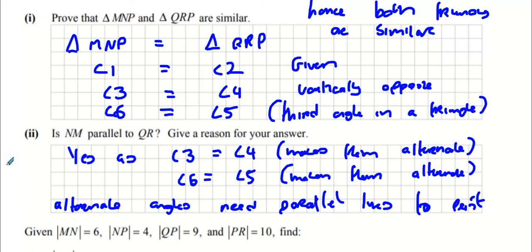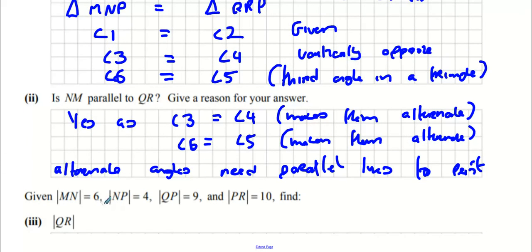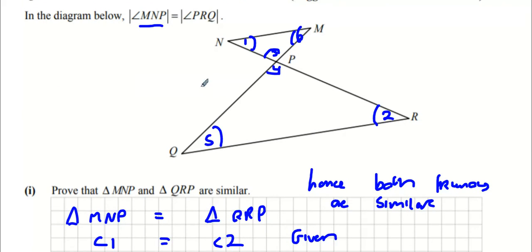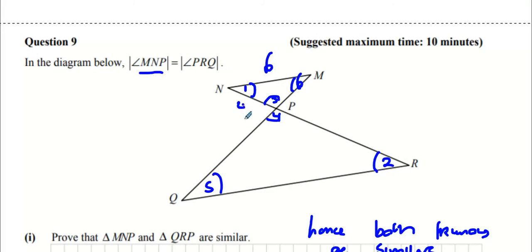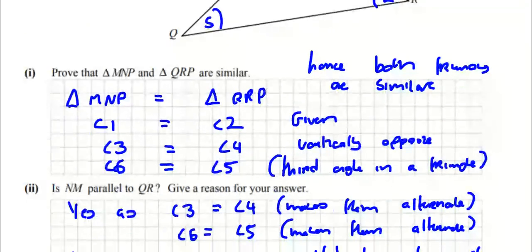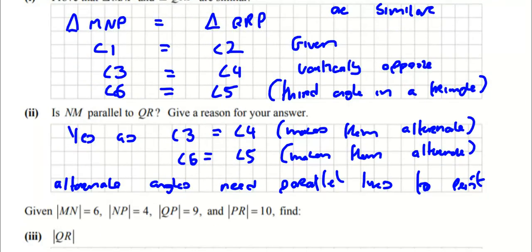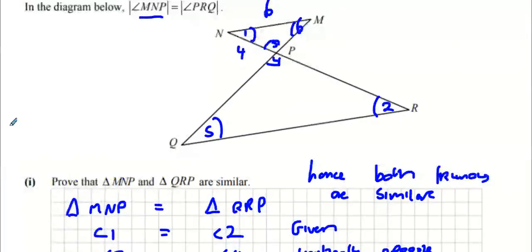Okay, given MN equals 6, MP equals 4, so M to N is 6, N to P is 4. What else do we have? Q to P is 9.